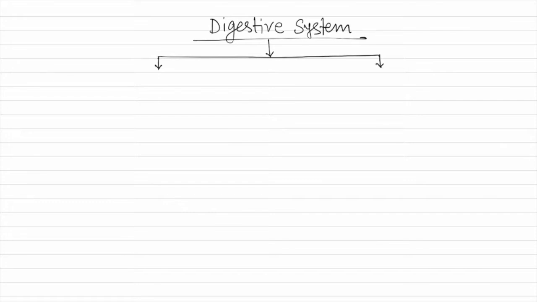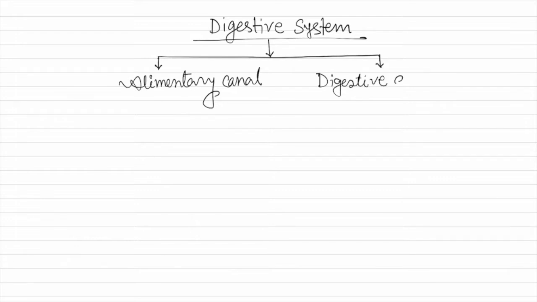One of them is the alimentary canal. Another one is the digestive gland.